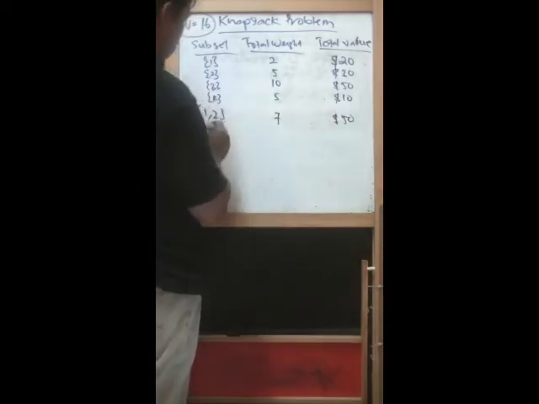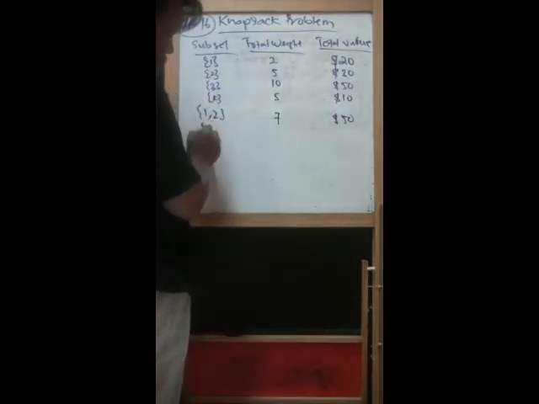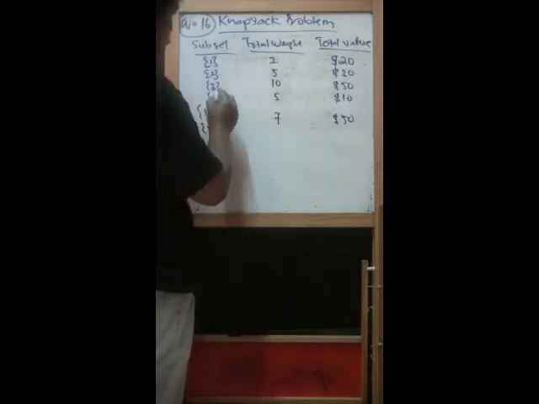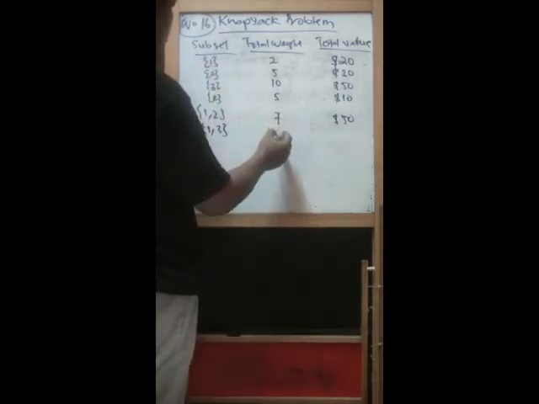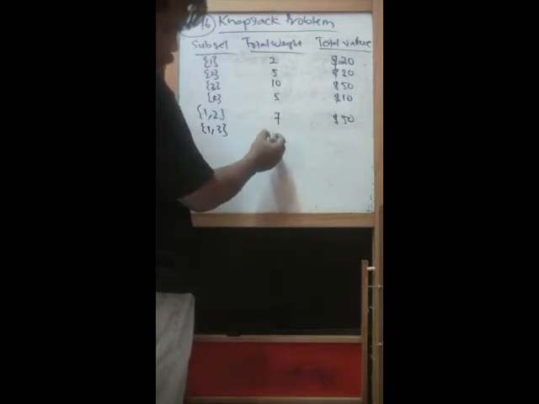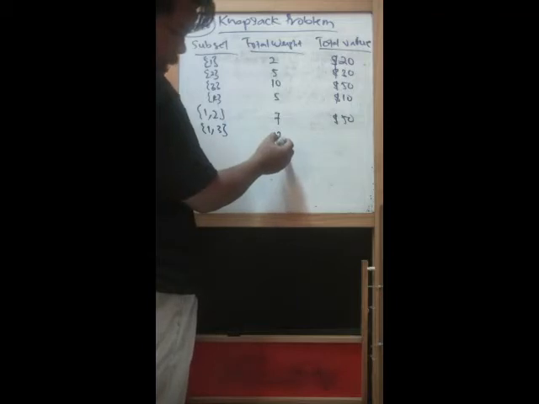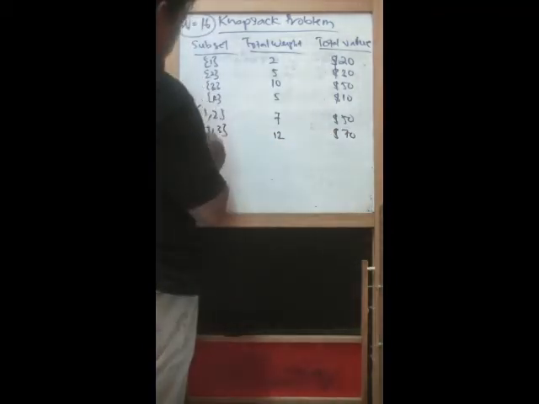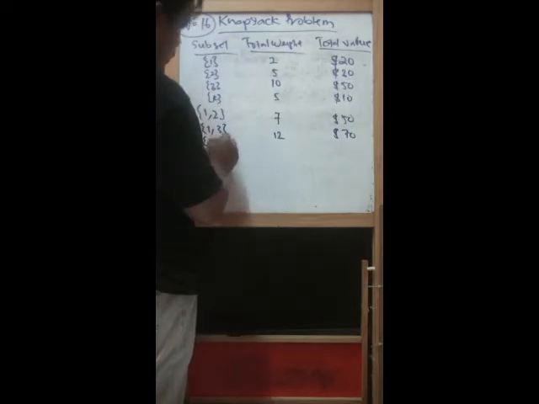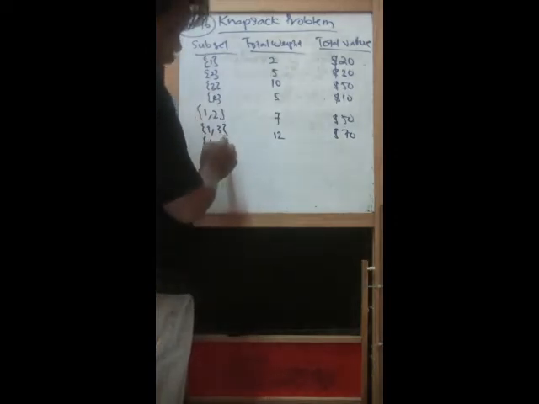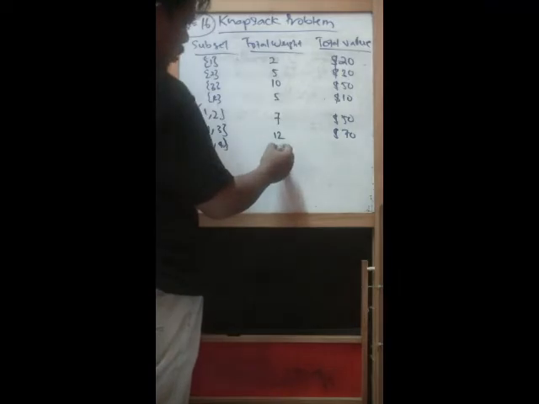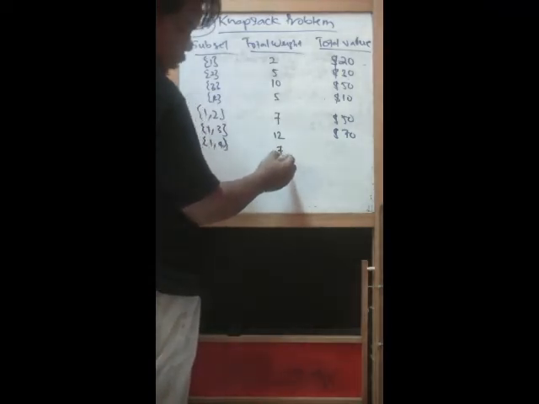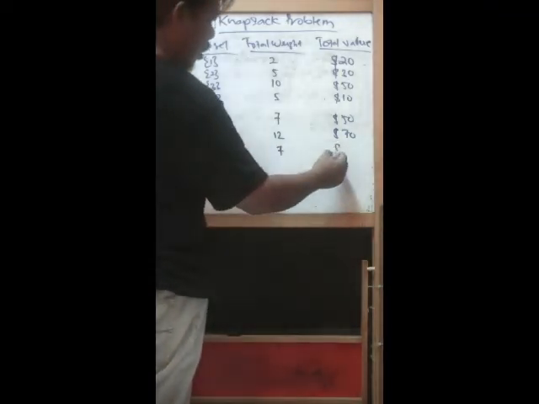Okay, and maybe we have sets 1 and 3. 1 and 3, so the total is 12, and the amount is 70 ringgit. And we have 1 and 4. 1 and 4 is 7 total, and the total value will be 30 ringgit.